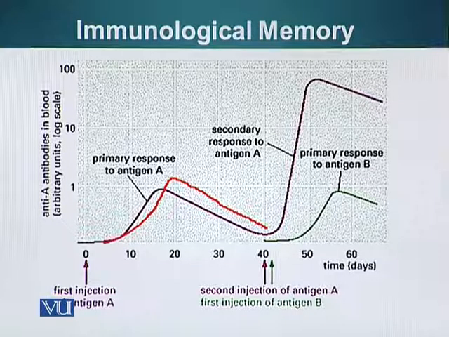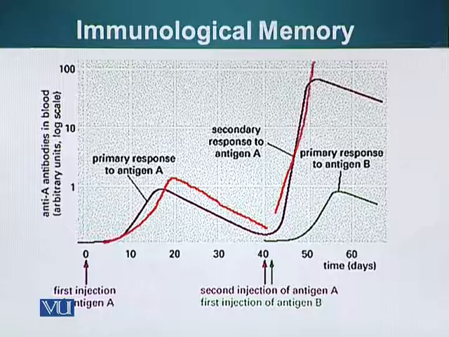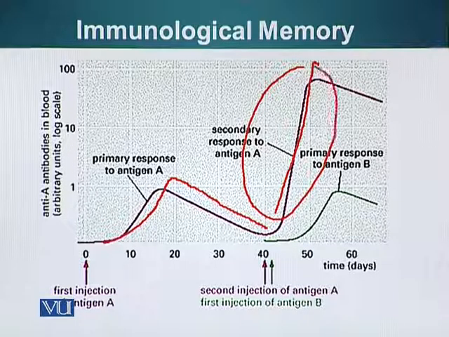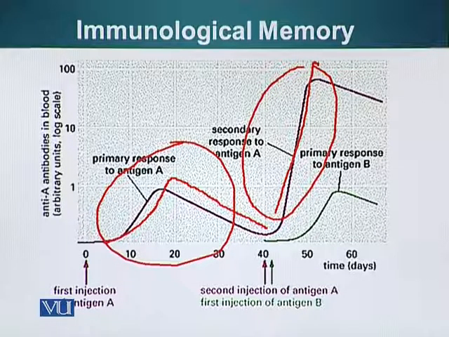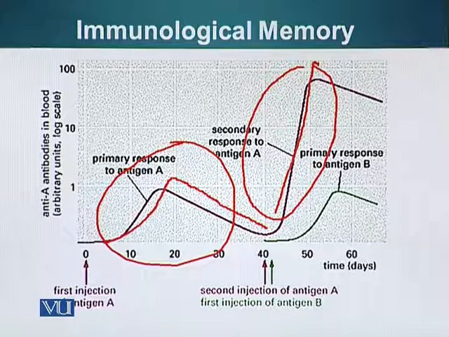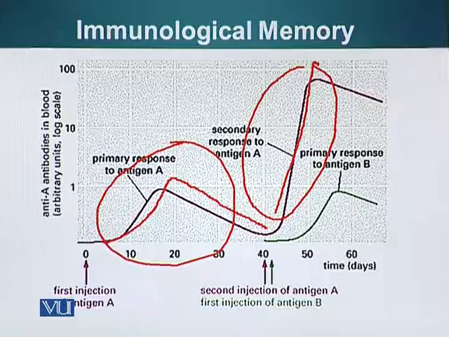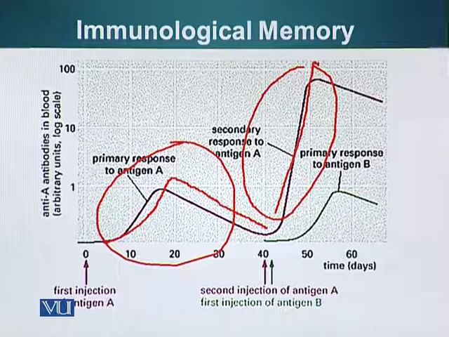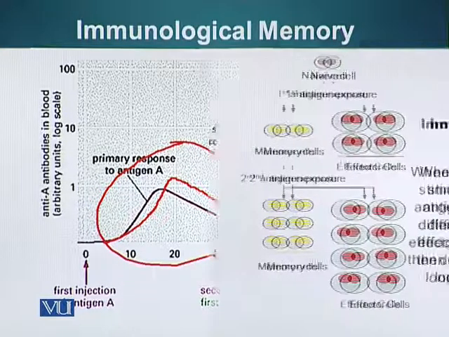As you can see, the response to antigen A is much greater as compared to antigen B. This is our secondary immune response. The response to antigen B is a primary immune response. So the animal's immune system remembered. Our immune system can also remember if we encounter a particular antigen.